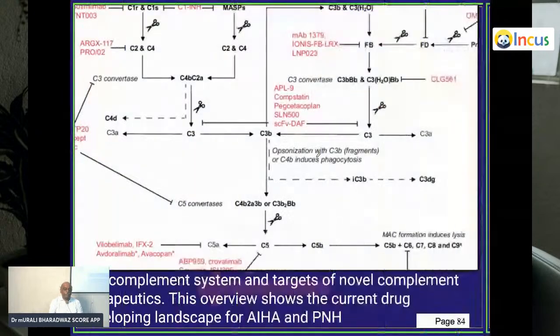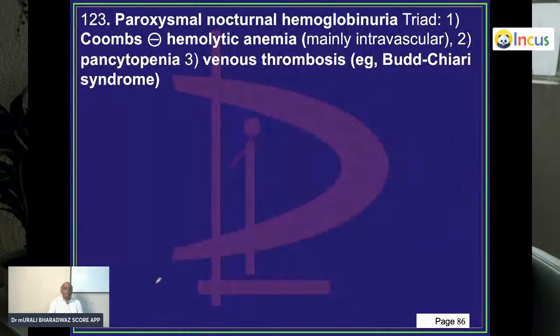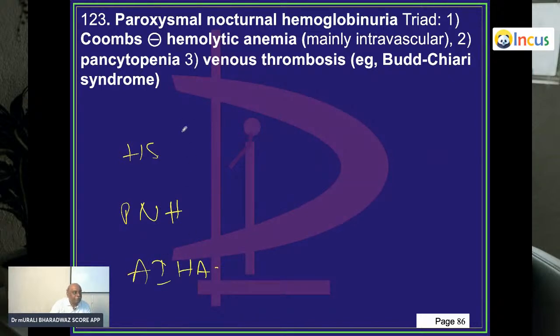So, doctor, what is this very important test that you use? Flow cytometry. And what are you trying to check in flow cytometry? Absence of CD55 and CD59. Now, a very favorite question of the examiner: hereditary spherocytosis, PNH, autoimmune hemolytic anemia. Tell me, where does hemolysis predominantly occur in hereditary spherocytosis?